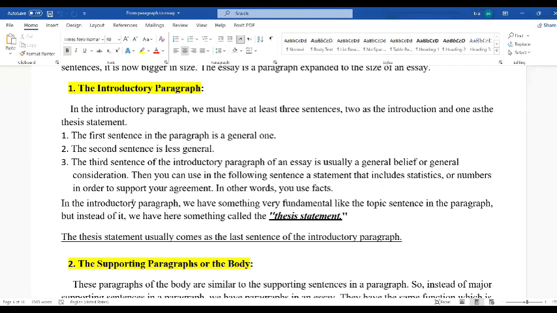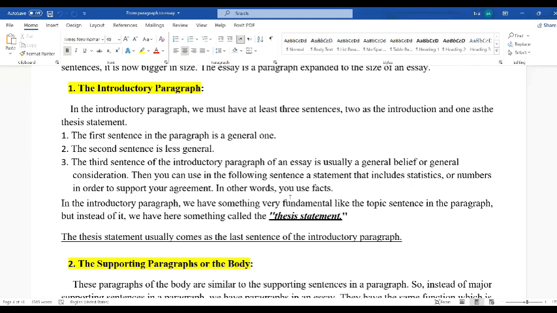Or numbers in order to support your argument. In other words, you use facts. For example, when you want to talk about smoking, you use the number of smokers around the world, the percentage of smokers around the world.